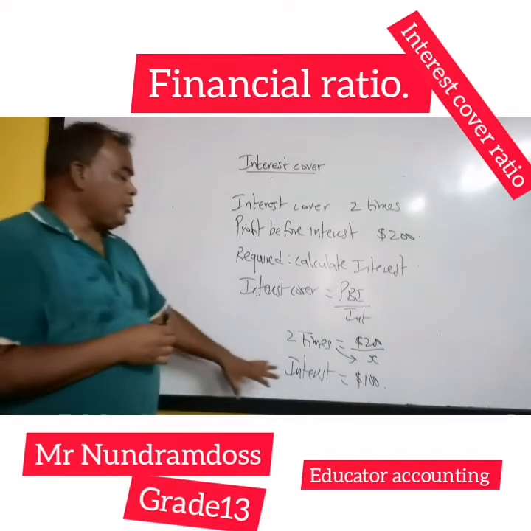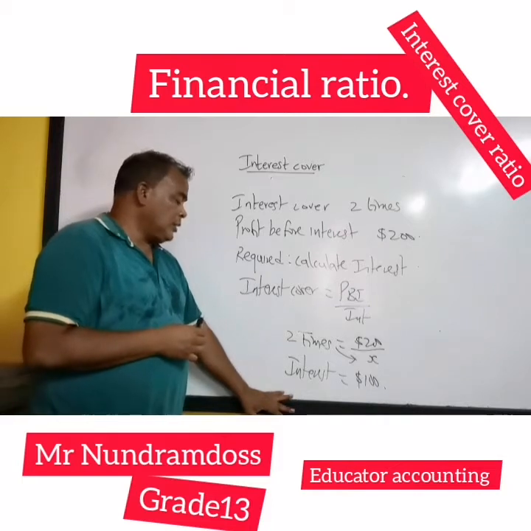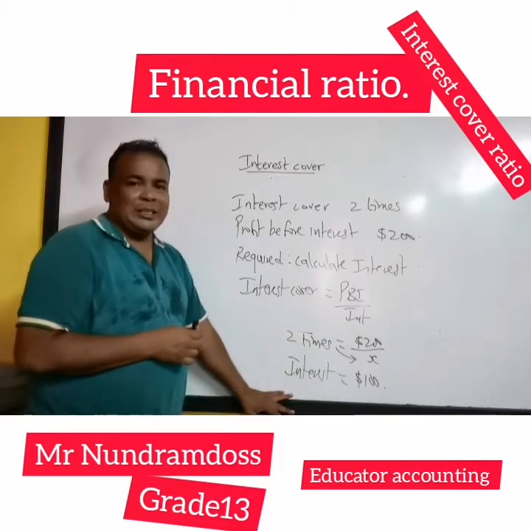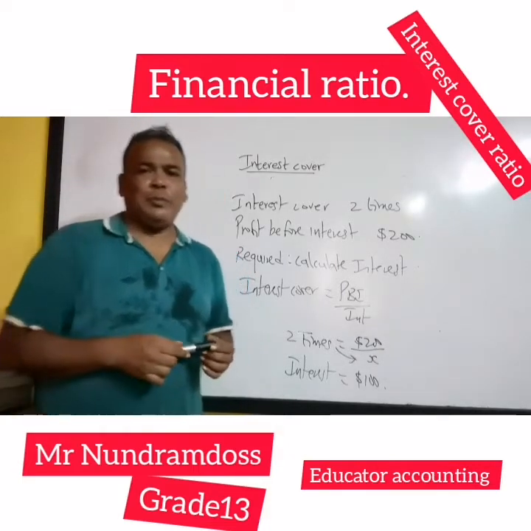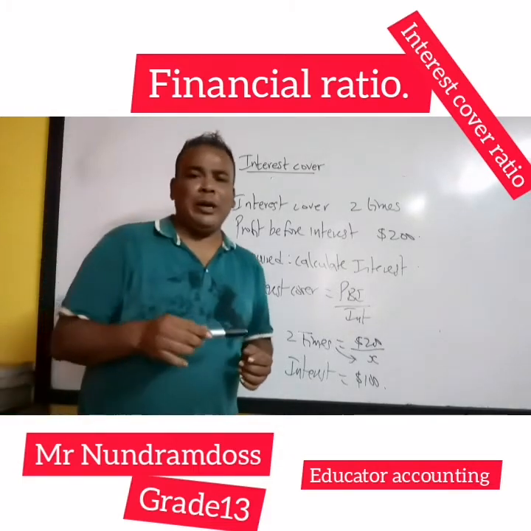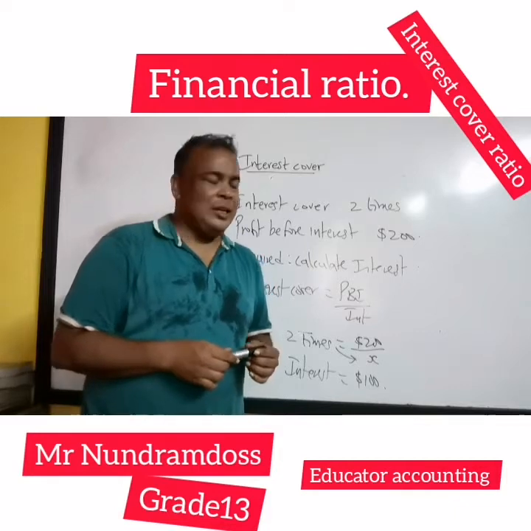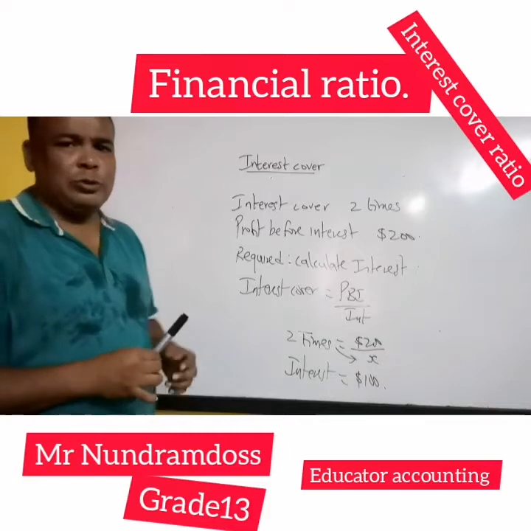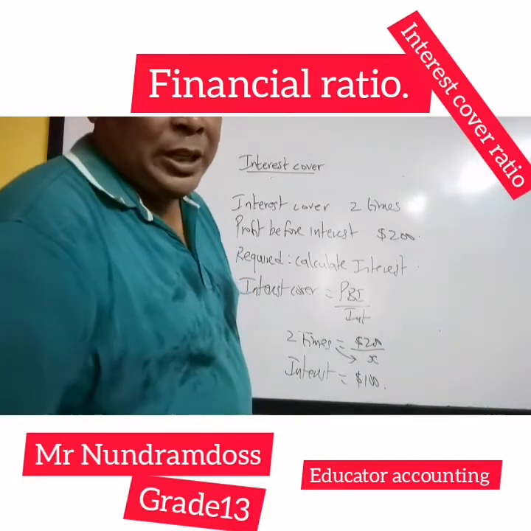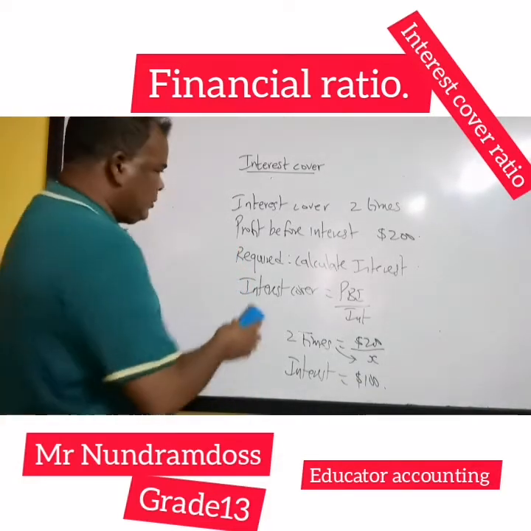It means that 50% of the profit is used to pay interest, and 50% of the profit will be left for reinvestment purposes in the business or to pay dividend to shareholders. That's why it is important that we have an interest cover of 2 times.